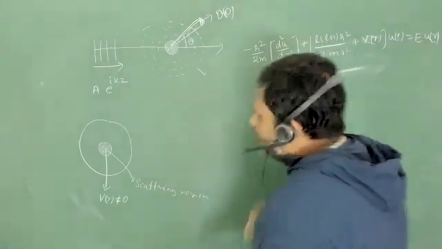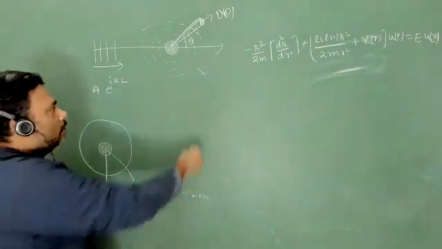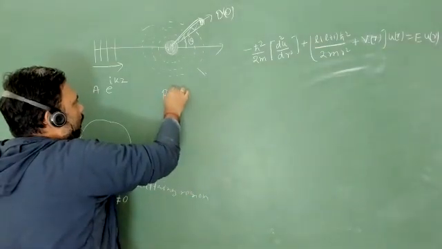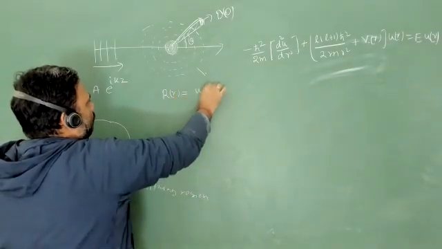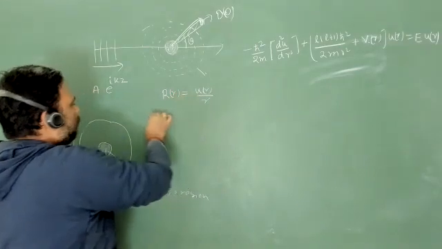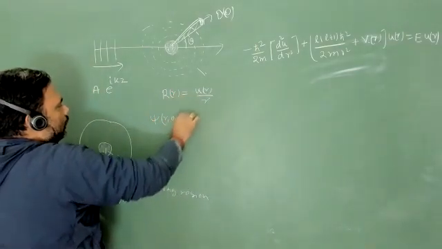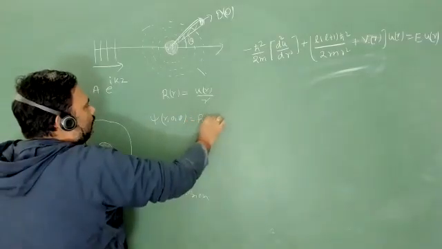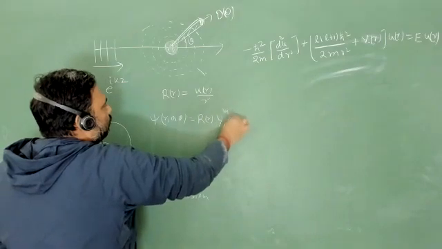Are you going to understand this thing? है ना? Actually, we have to solve this thing. And what is my R(r)? R(r) is basically u(r) by r. And obviously, my psi(r, theta, phi) will be a function of R(r) and Y_LM(theta, phi).